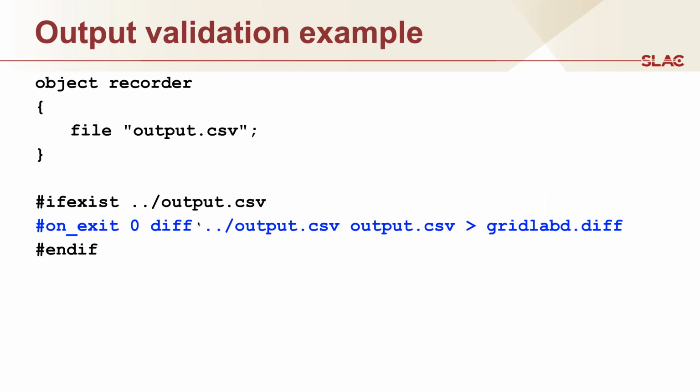If a successful simulation is completed, just run the diff command. And if that difference is non-trivial, then this on exit command will fail, and the difference will be stored in a file that we can then inspect.